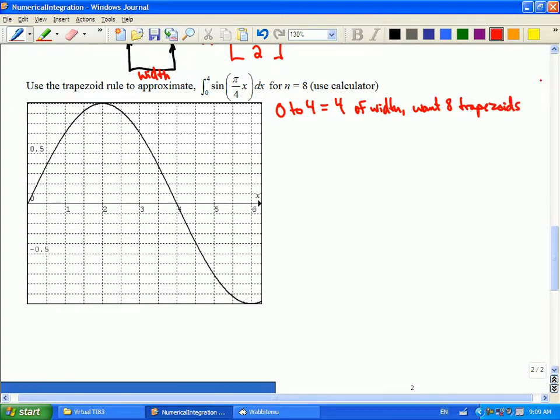Yeah, half. So then I can make my markers here. Every half there's going to be another trapezoid. I'm going to take these points and connect those dots, from here to there, and make a trapezoid out of each one.